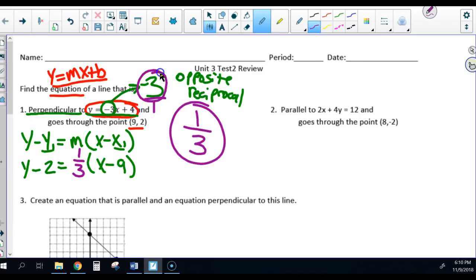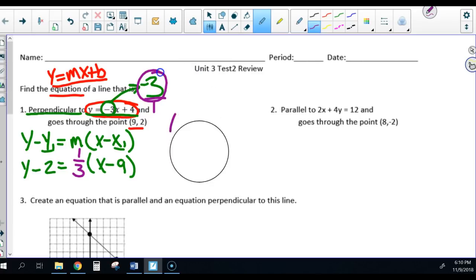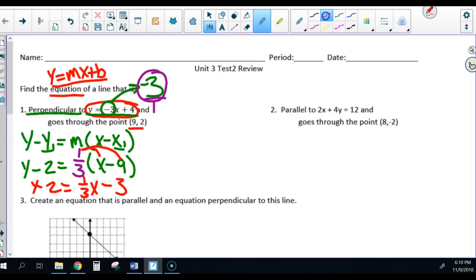Now I have to take that equation and solve for y. So I'm going to distribute 1/3 x minus 1/3 of 9, which is 3. So y minus 2 equals 1/3 x minus 3.